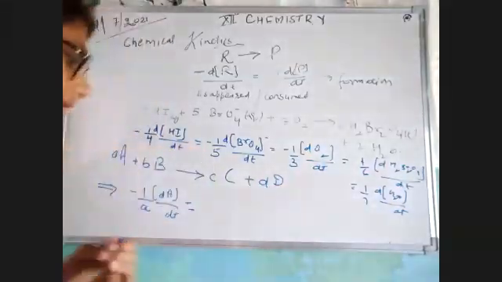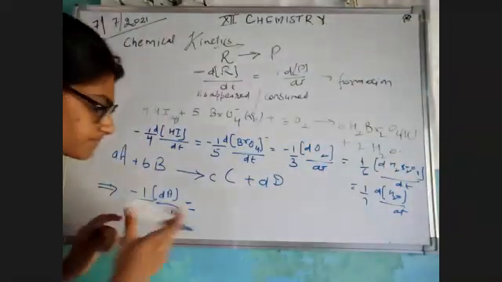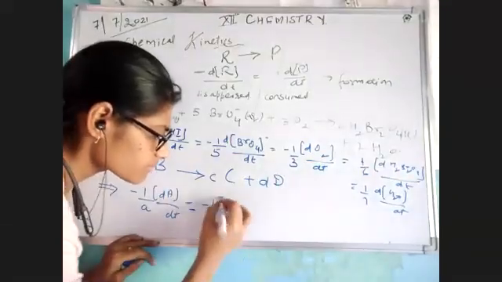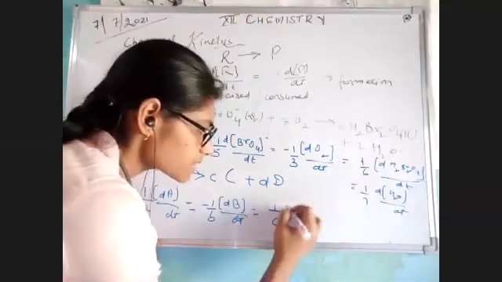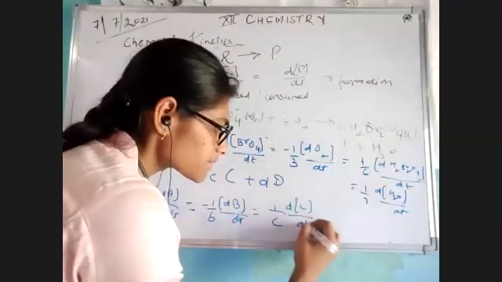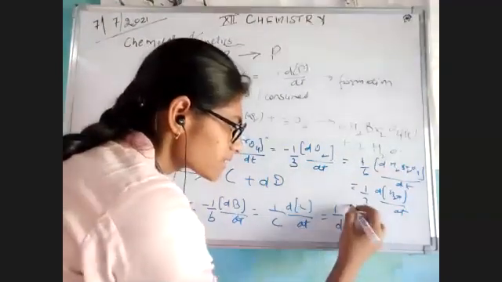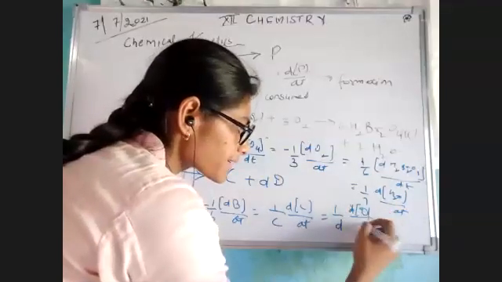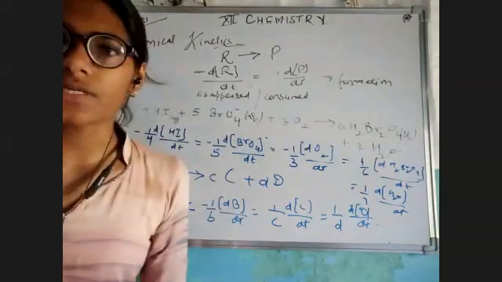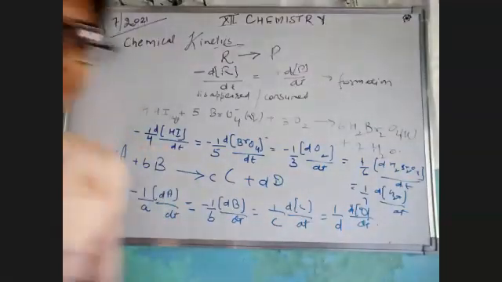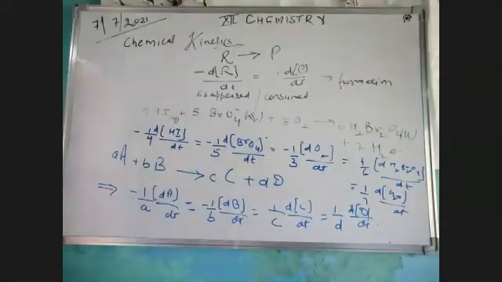So that would be minus 1 by a d[A] by dt equals minus 1 by b d[B] by dt equals plus 1 by c d[C] by dt equals plus 1 by d d[D] by dt. So this is my complete equation if we have the stoichiometric coefficient with the reactant as well as the product. Now let's see one, two questions that will further clarify your concept.